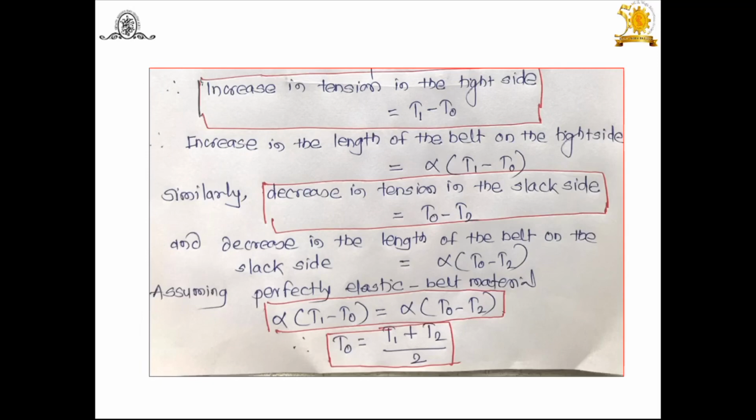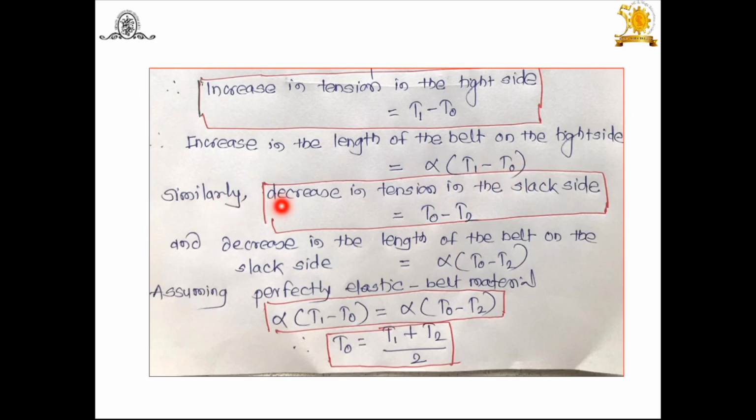The maximum tension in the tight side is T1, and the initial tension that we consider is T0. The increase in tension in the tight side is T1 minus T0. Therefore, multiplying by alpha, you get the increase in length of belt on the tight side: alpha (T1 minus T0).